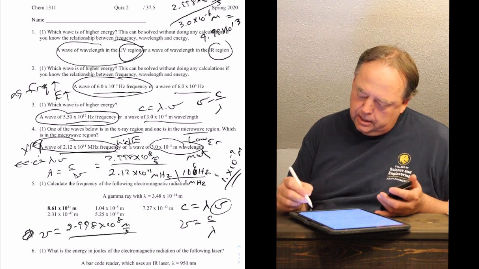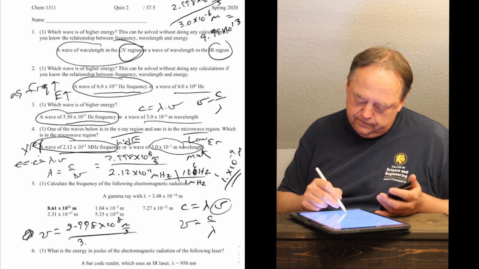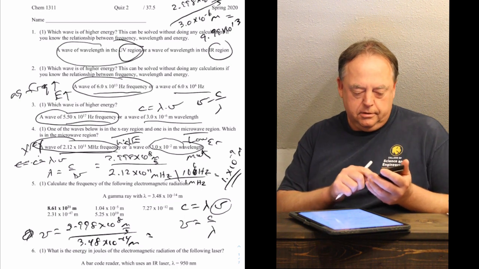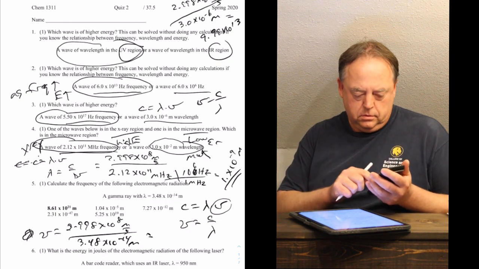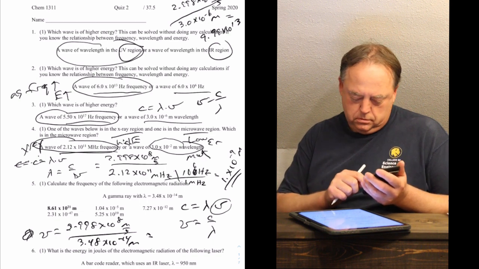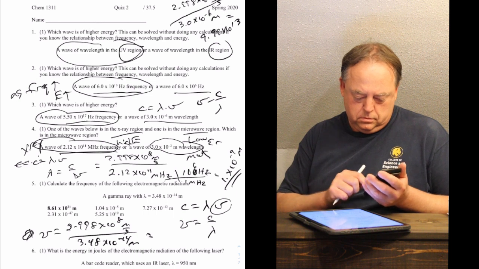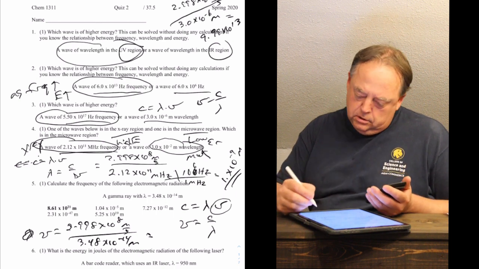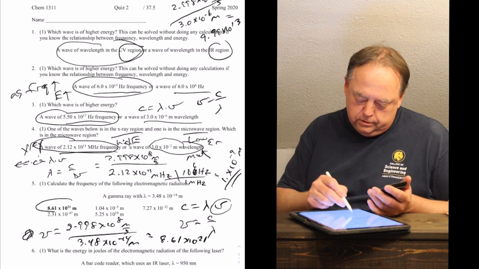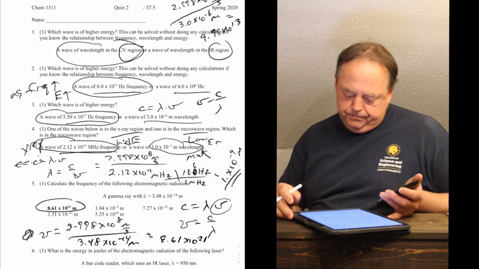Take the speed of light divided by the wavelength that's given, and calculate that out. That gives you 8.61 times 10 to the 21, so that's the right answer.